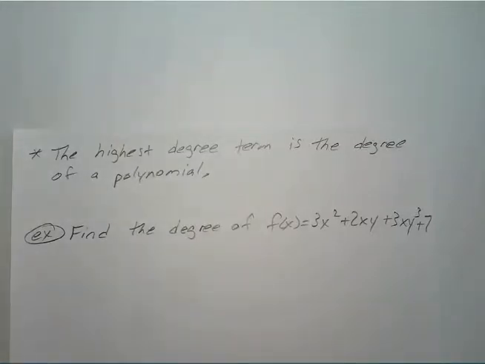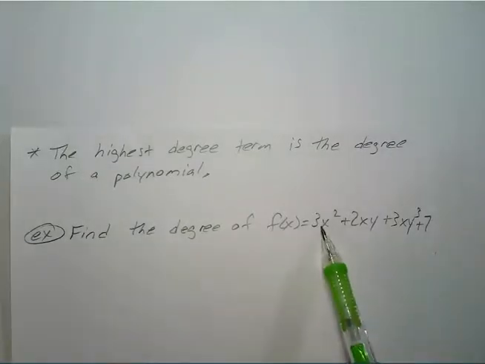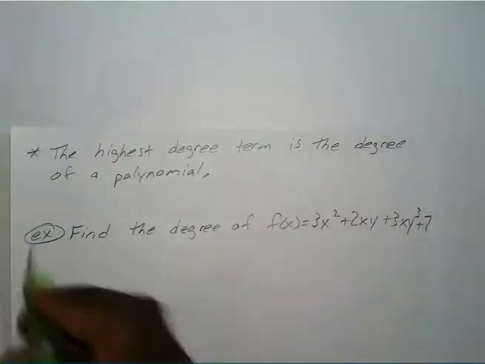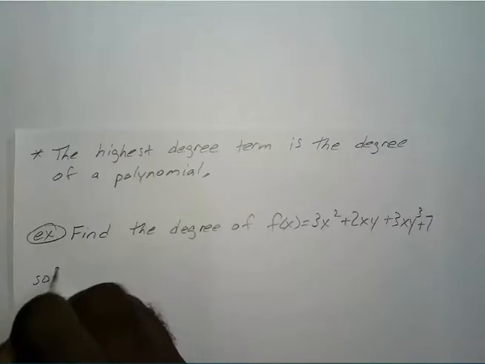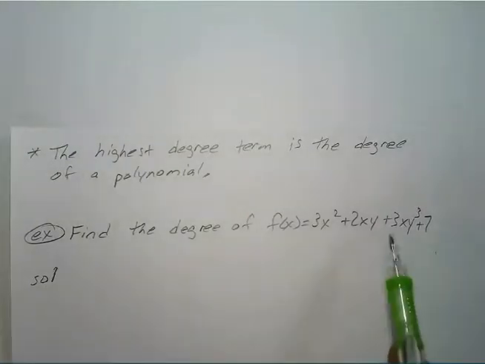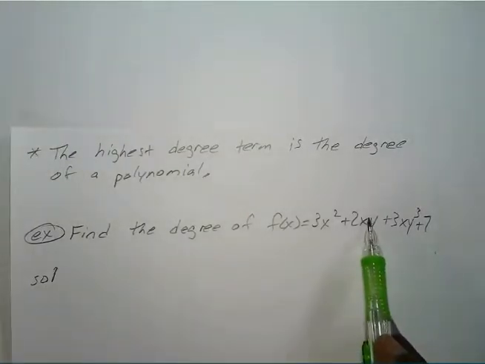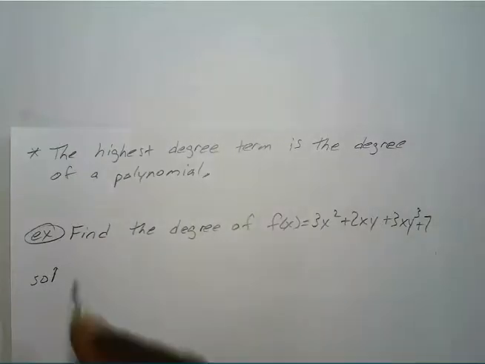So what we do is we find the degree of each individual term. First we're going to rewrite, and all the ones that are missing an exponent next to the variable, we're going to put one there.